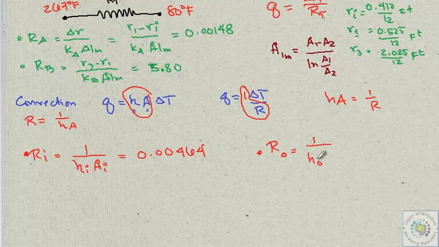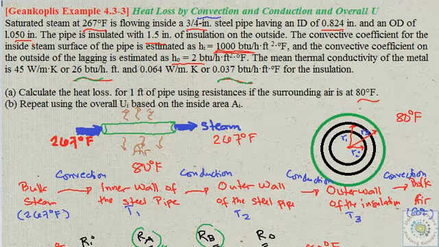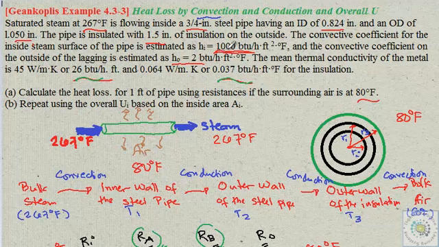In this case, ho is given as 2 BTU only. hi here is 1000. A high hi means the steam can transfer heat readily, while the low value of ho means it has a poor convective heat transfer coefficient.